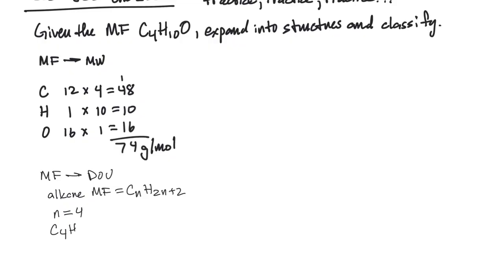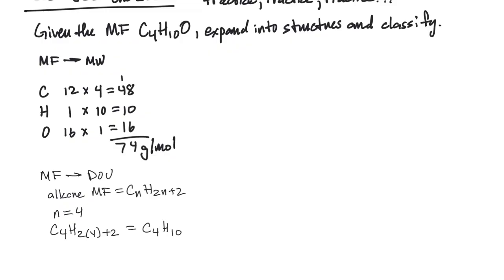So C4, 2 times 4 plus 2 will result in C4H10. So 4 carbons should have 10 hydrogen atoms.